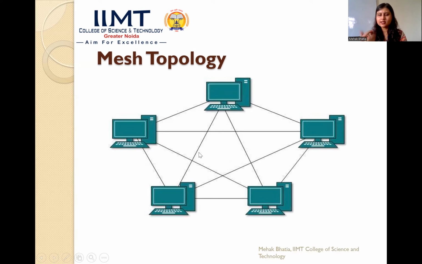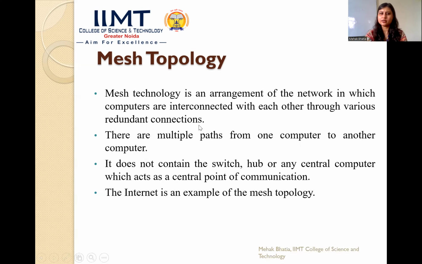Now, what does redundant connection mean? One device is connected to another device directly and also through other devices. So there is a redundant connection, meaning there are multiple paths from one computer to another computer.